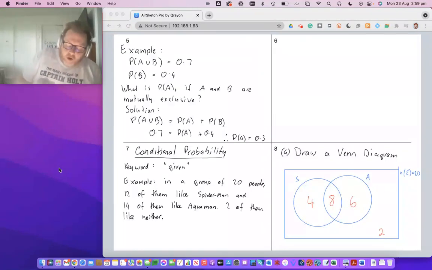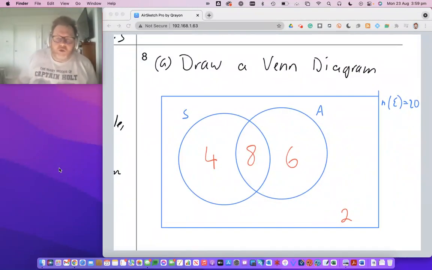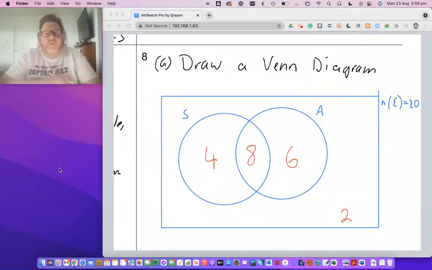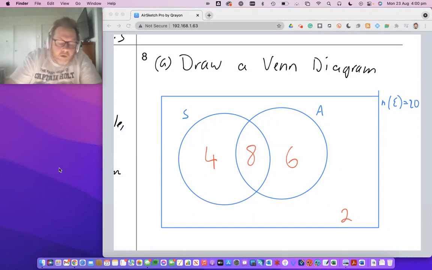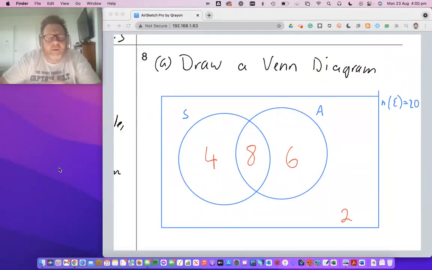I'll go back to my Venn diagram, and this is the representation of 20 people. Now, if I said given that they like Spider-Man, it's kind of like if I had 20 of the people in the room sitting down in front of me, I then said, okay, if you like Spider-Man, stand up. And then how many people would stand up? Well, these 8 would stand up because they like Spider-Man, and these 4 would stand up because they like Spider-Man.